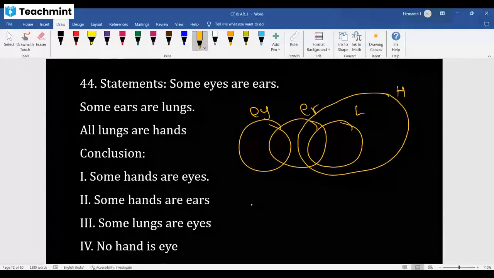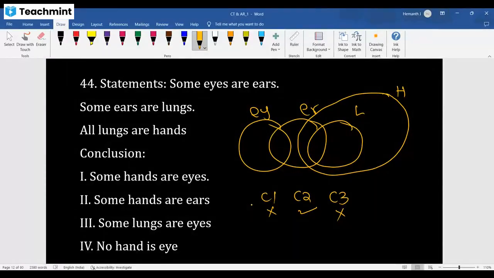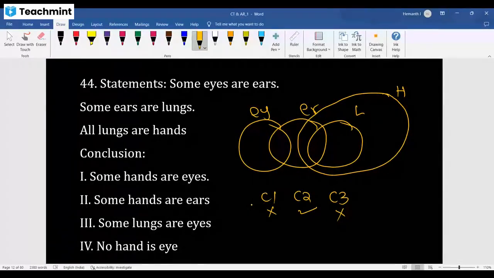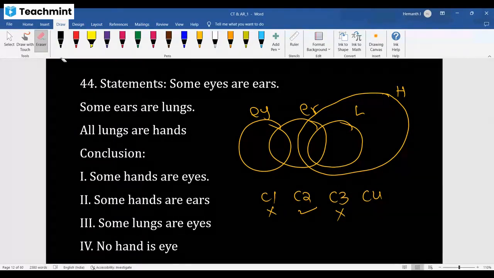So some hands are ears, that I cannot say. Some hands are ears is okay, eyes is no. Some lungs are eyes, fails here. No hand is eye is true now, but it will not be true always. In the next diagram it will fail. If you draw the other diagram, it will fail.